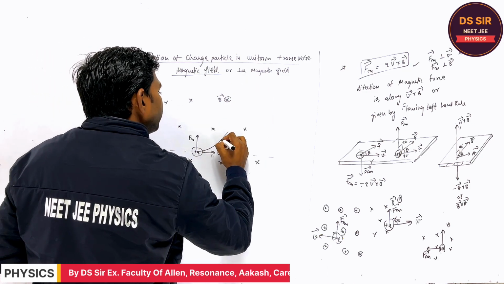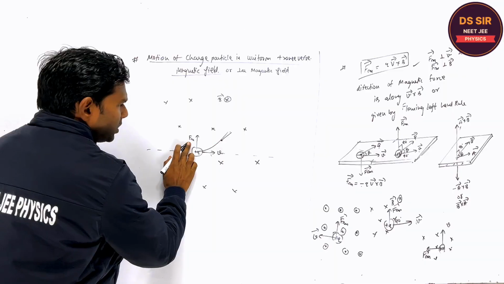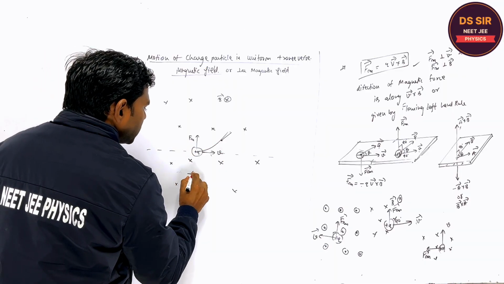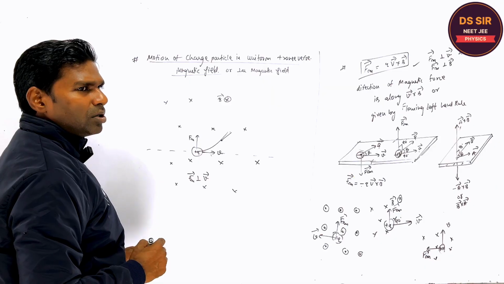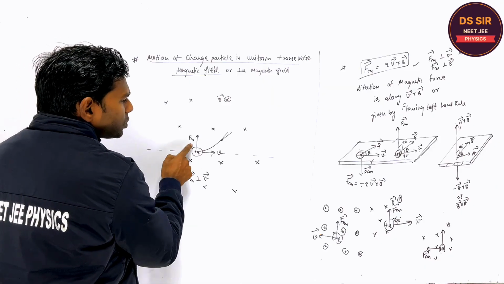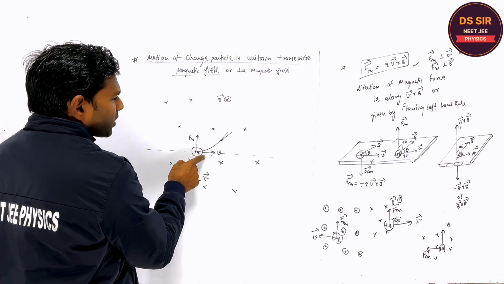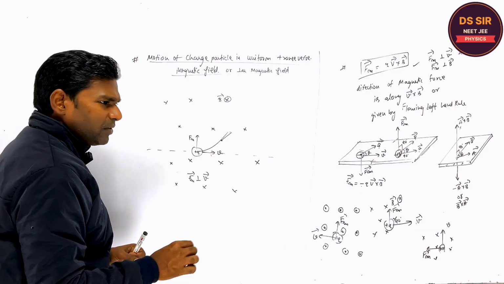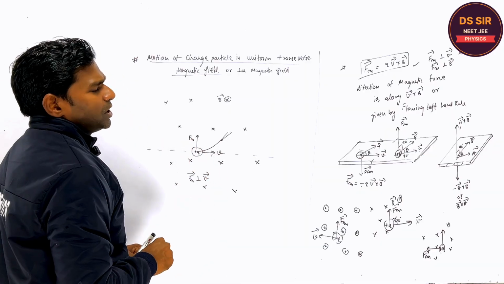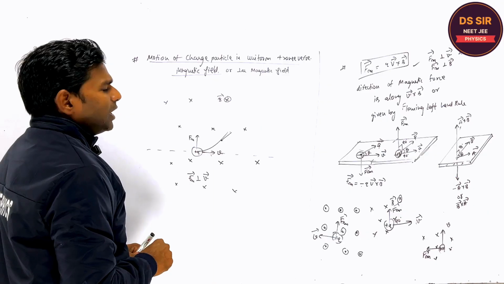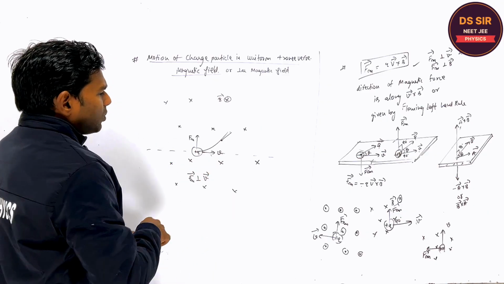Now listen one more thing: this magnetic force is always perpendicular to the velocity. Are you getting or not? So therefore it does not do any work. This magnetic force does not do any work on the charged particle. Its speed does not change. I will explain this again also.